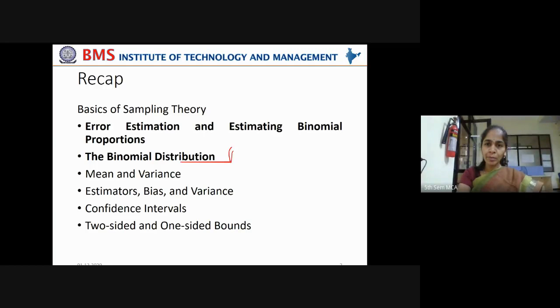The probability of a random variable Y taking a particular value r, we denoted as n factorial divided by r factorial times n minus r factorial, multiplied by p raised to the power of r into 1 minus p raised to the power of n minus r. This is the binomial distribution we understood in the last class.